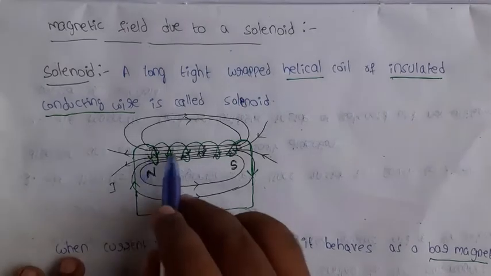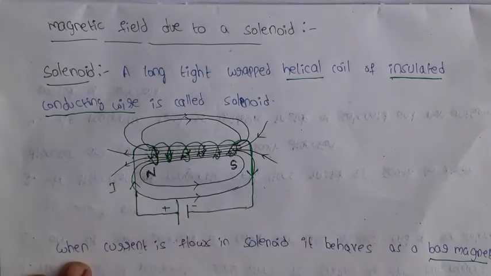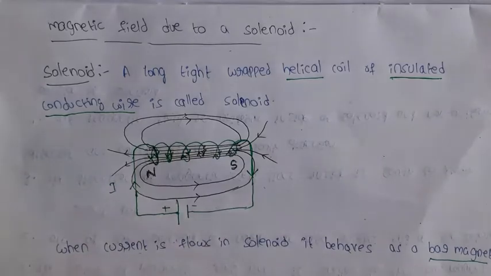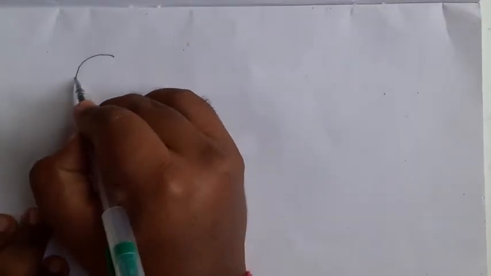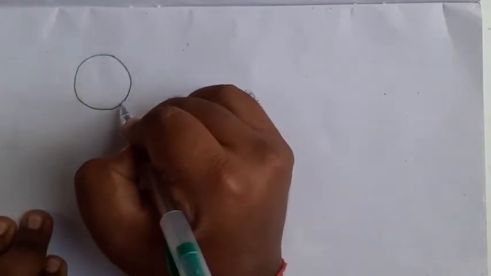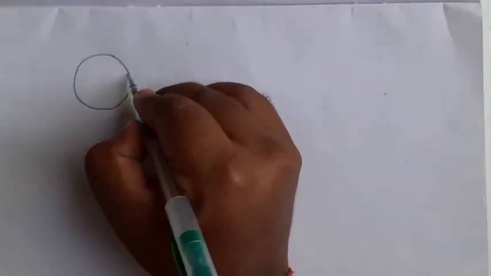How do you say that? In this solenoid, here is the north pole and here is the south pole. For example, I am taking any one loop of the solenoid. In this loop, current is flowing in the anti-clockwise direction.